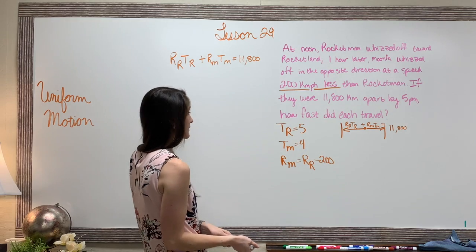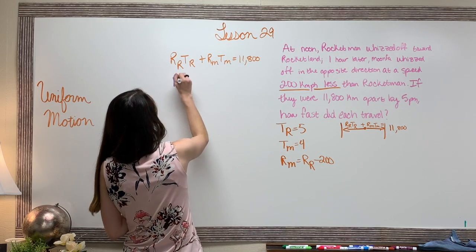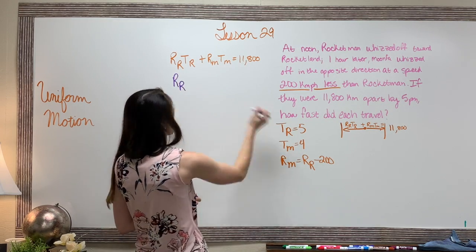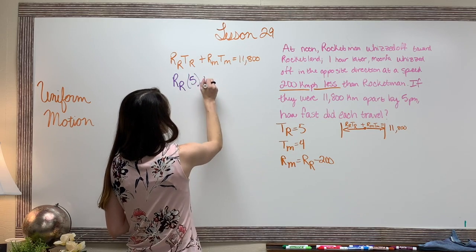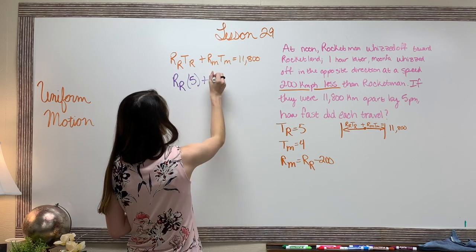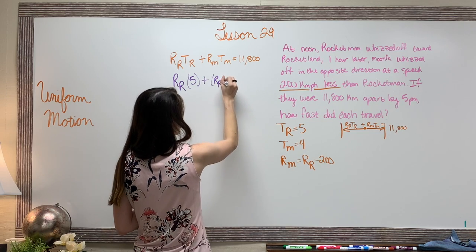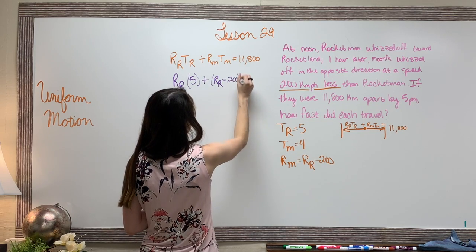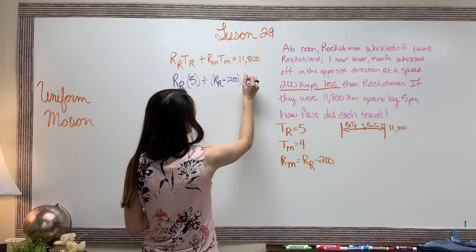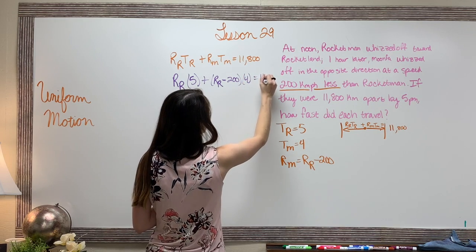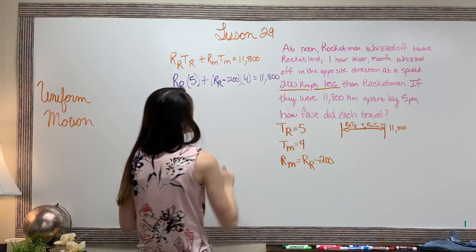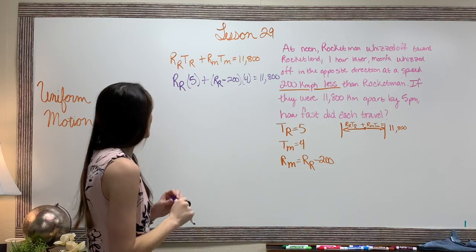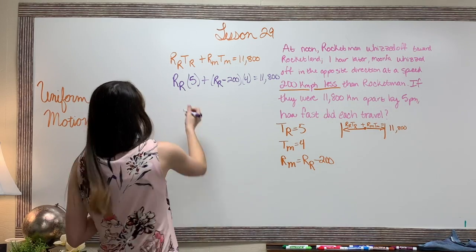That's gonna be what we're solving for. And T of R is 5 plus, and then for rate of Moonfa, we have R of R minus 200, and then T of M is 4 equals 11,800. Just enough space. So from here, we just solve for R of R.